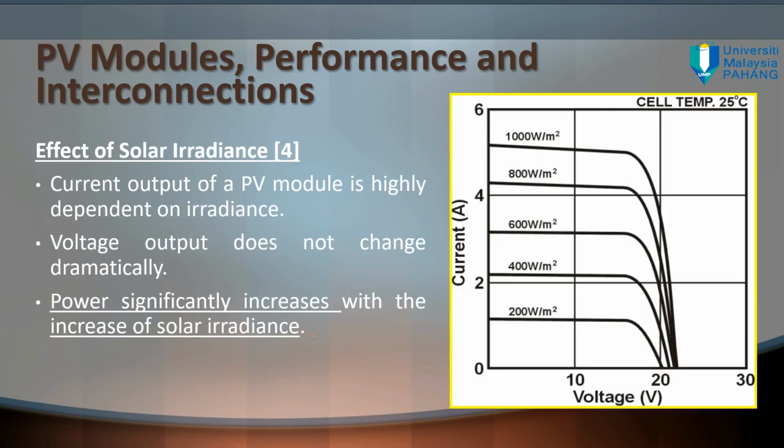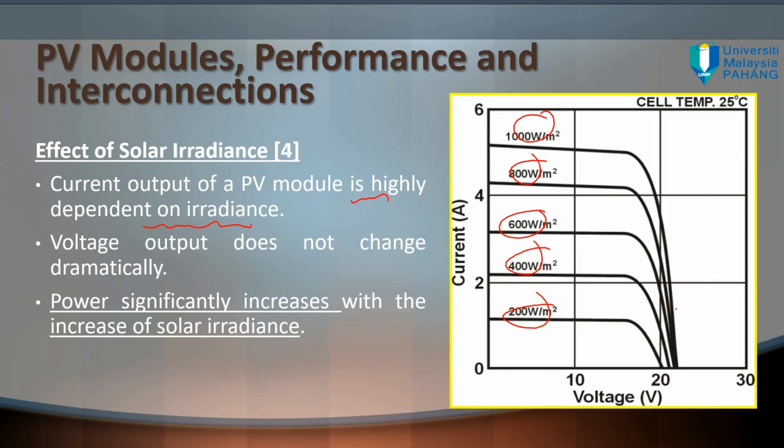Okay. So, effect of solar irradiance: the current output of a PV module is highly dependent on irradiance. If you look from the below curve to the upper curve, 200, 400, 600, 800, 1000, clearly from here, the higher the irradiance we obtain, the higher the current is generated.